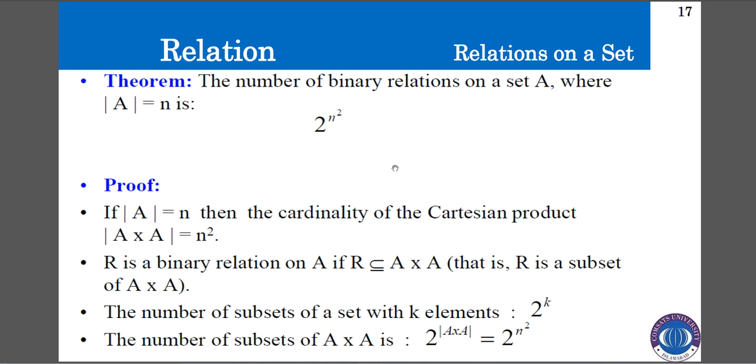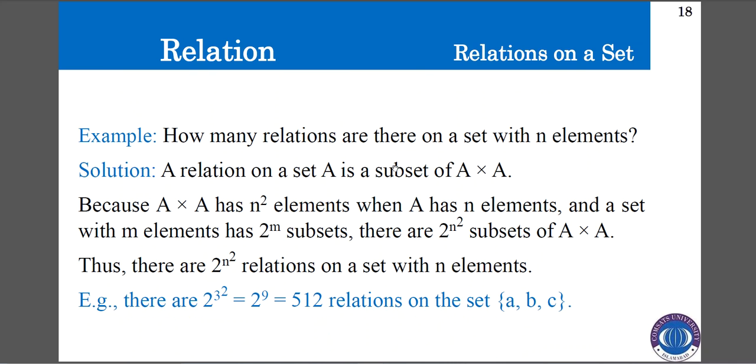On the basis of this theorem, we will consider some examples. How many relations are there on a set that has n elements? Solution: a relation on a set is a subset of A cross A. Because A cross A has n squared elements when A has n elements, and a set with m elements has 2 to the power m subsets, there are 2 to the power n squared subsets of A cross A. Thus there are 2 to the power n squared relations on a set with n elements.